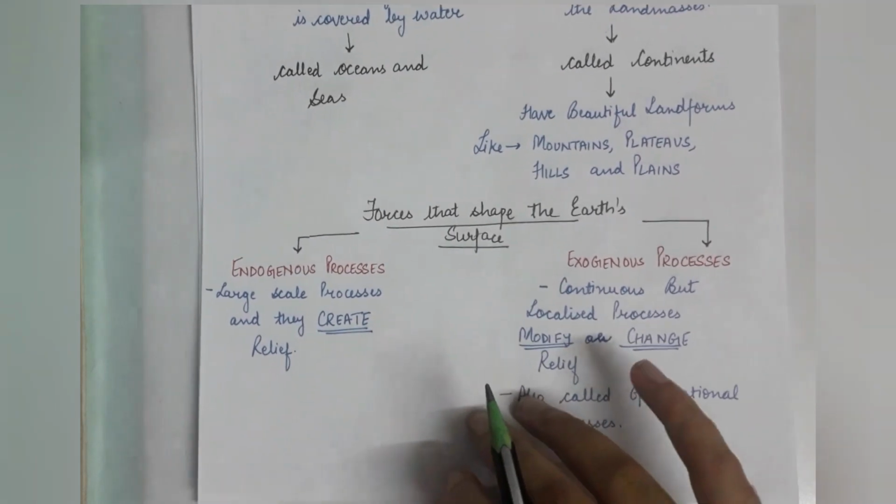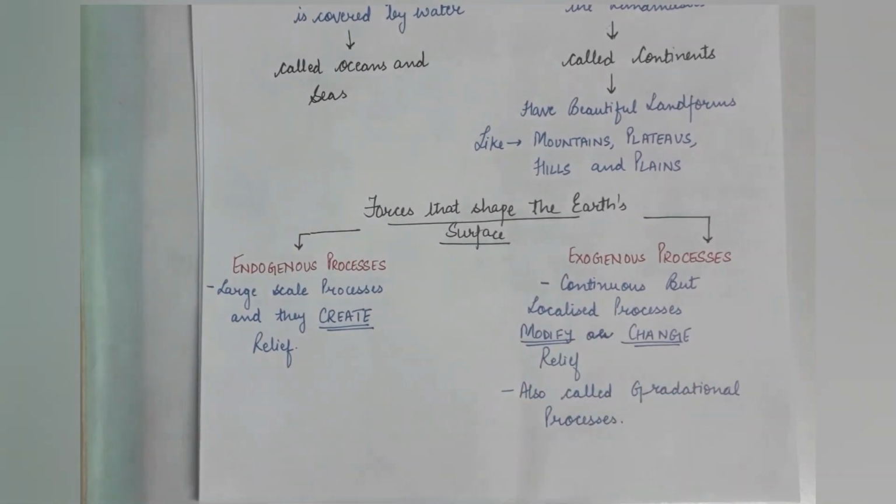So now we will be discussing the forces that shape the earth's surface. The forces which shape the earth's surface are of two types. The very first one is the endogenous processes, and the second one is the exogenous. As the name states, endogenous means within the earth's surface. The movement of the tectonic plates, etc., comes under endogenous things.